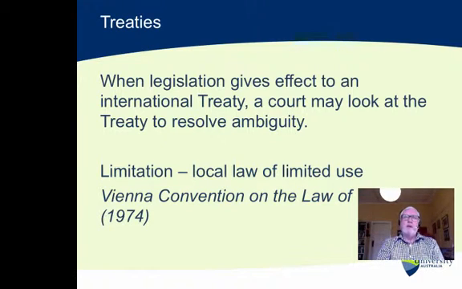So the textbook authors are just making the point quite validly that they might have some limited use because the treaties themselves haven't been produced in the Australian legal system. So you look to the Vienna Convention on the law of treaties, but you're certainly not looking to Australian legislation to interpret the treaty. You are looking at Australian legislation to interpret the enabling legislation.